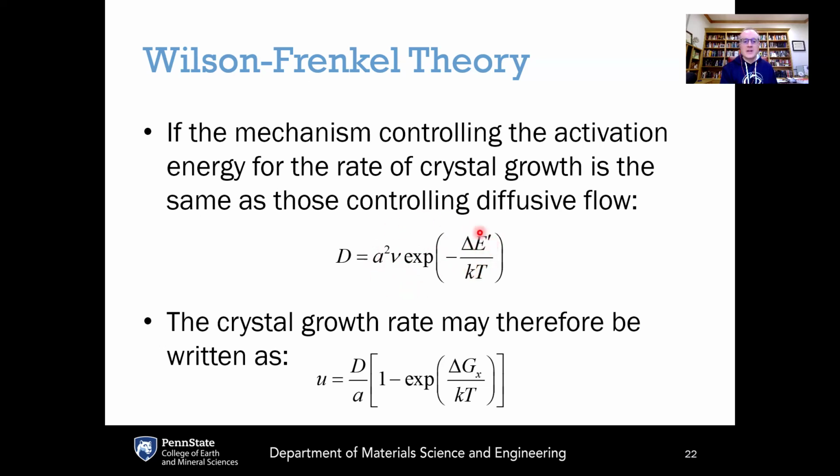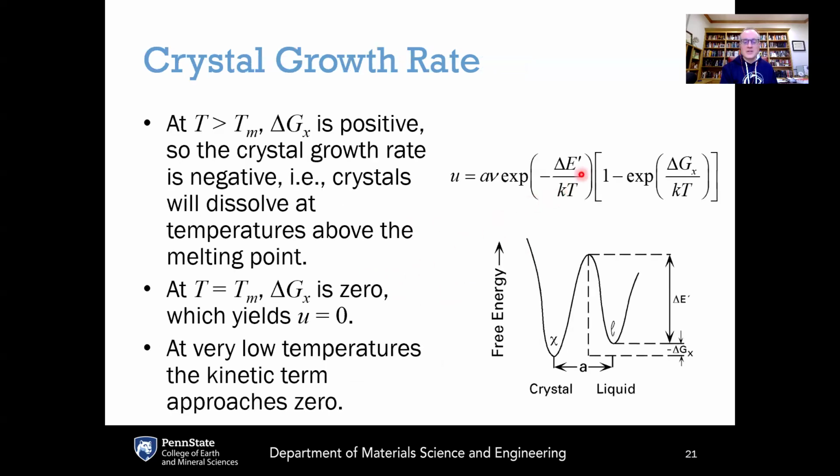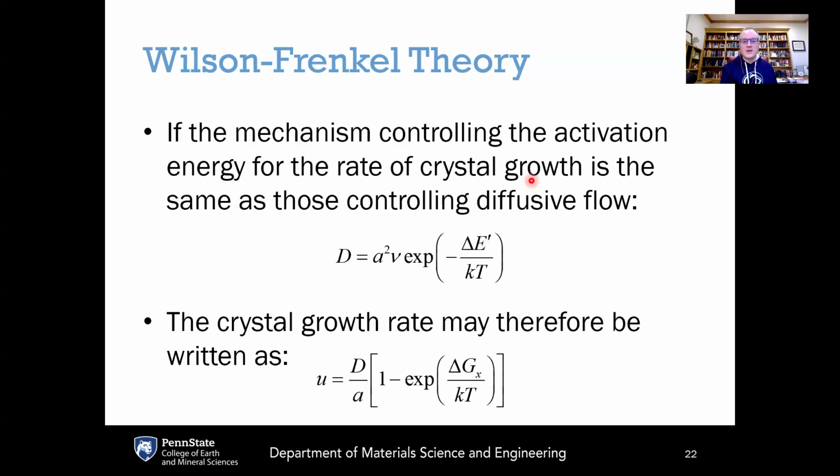And if we take this definition of the diffusion coefficient and we substitute in for this Boltzmann term here, then we can write the crystal growth rate as a function of the diffusion coefficient D.